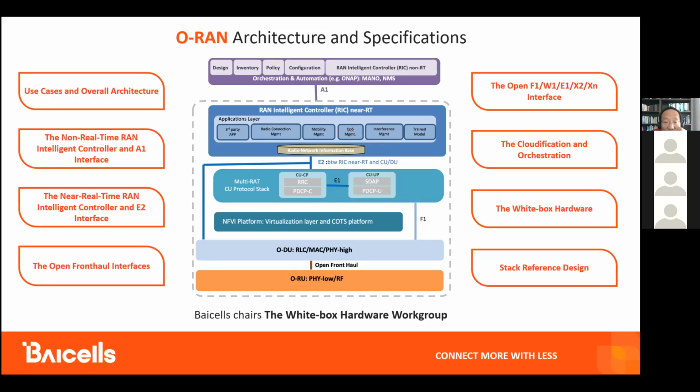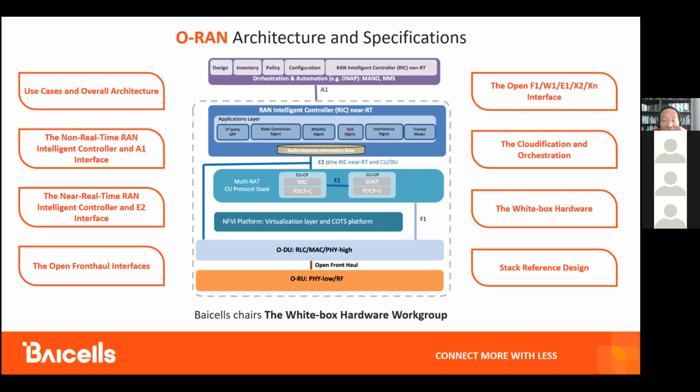And between the DU and the CU, it is an interface marked by F1. This is the mid haul. And within the CU, you will see that the control plane and user plane are split. Those 2 planes are standardized by the interface E1.